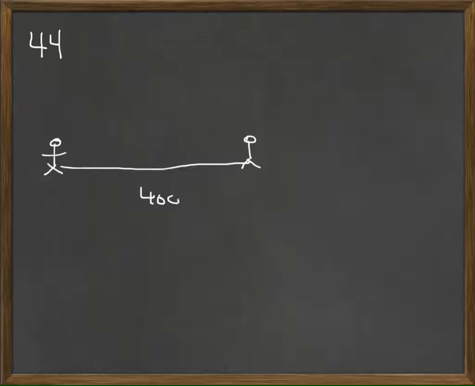This one is going to be number 44. You have several of these for homework. I just picked a couple in between the ones that you have for homework. This is finding the height. You have two people standing 400 feet apart, and they're standing apart away from a tree.